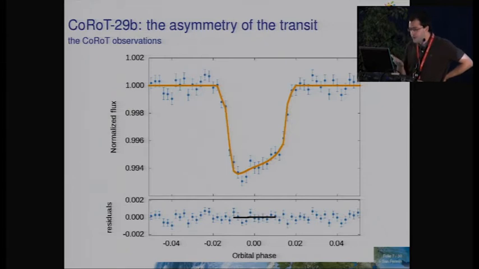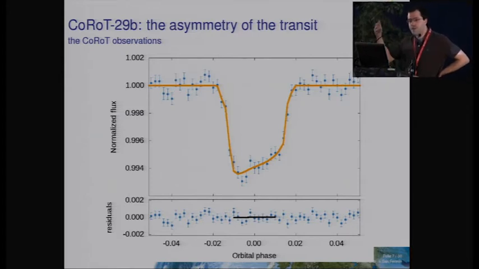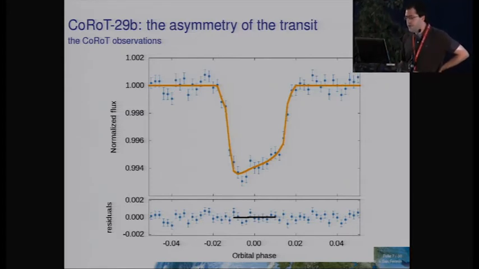This is the same observation, and I put the uncertainties of the measured data points so you can also have an idea of the residuals. This model, in yellow in the figure, leaves residuals that are this time consistent with zero. So in principle, this model can reproduce this asymmetry of the transit with an oblate star.